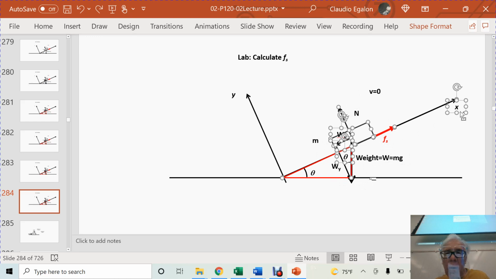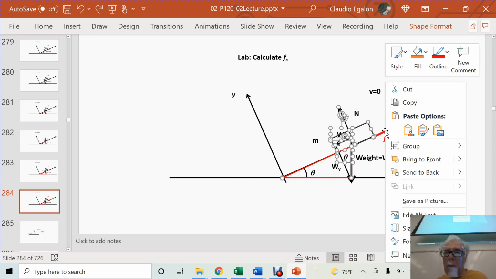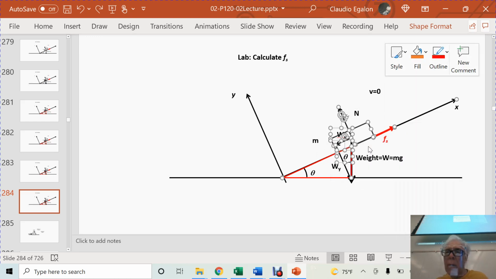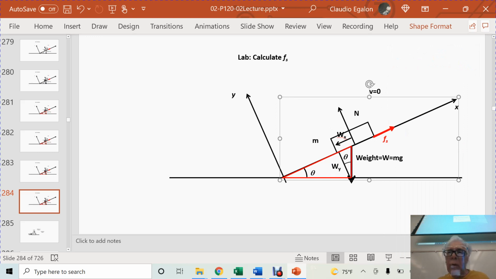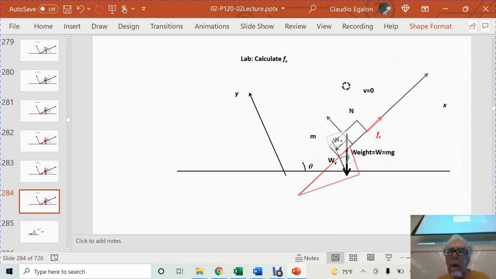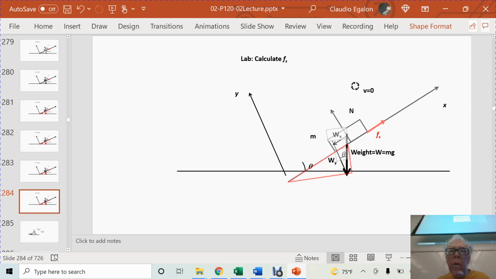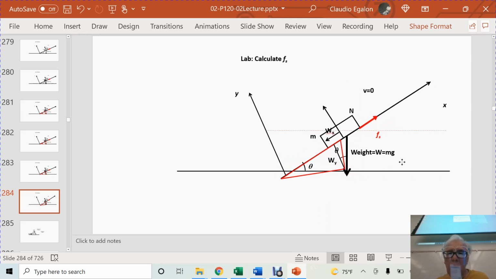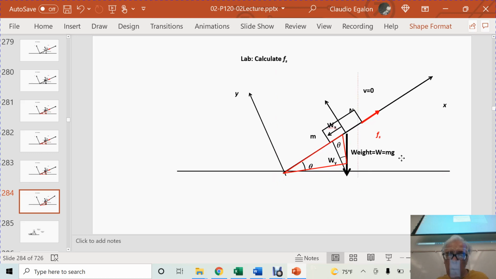Okay, so now I'm gonna group it. Let's see if it works. I'm going to increase. Oh, how do I rotate it? Yeah, rotate it, right? It's more, right? Now it's definitely more.